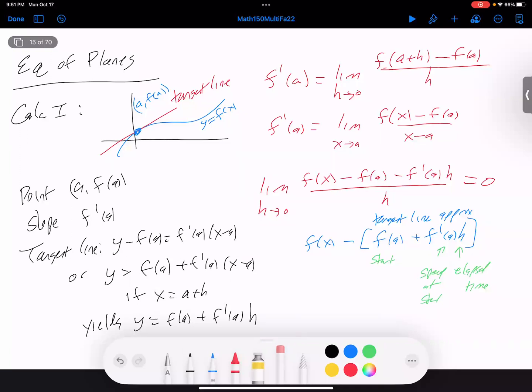Well, we do a straight line in one dimension. What do you think we would do for a function of 2 variables? Still a straight line? Well, what do you think the generalization of a straight line is? In one dimension, we talk about a line. What do you think that would become if you go one dimension higher? What shape do you think would be the generalization of a line?